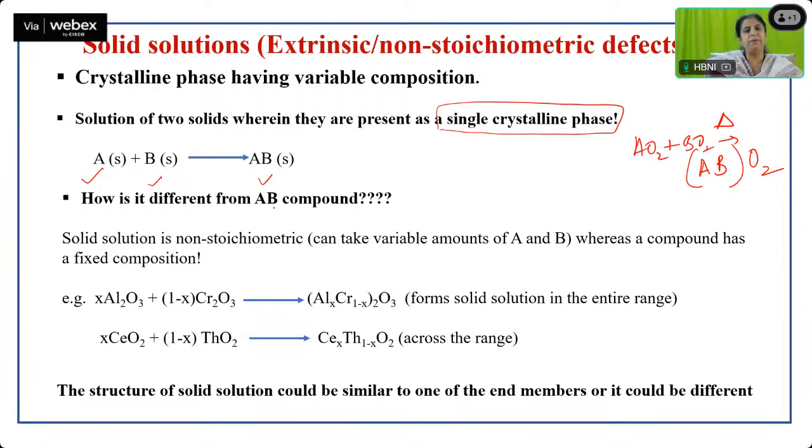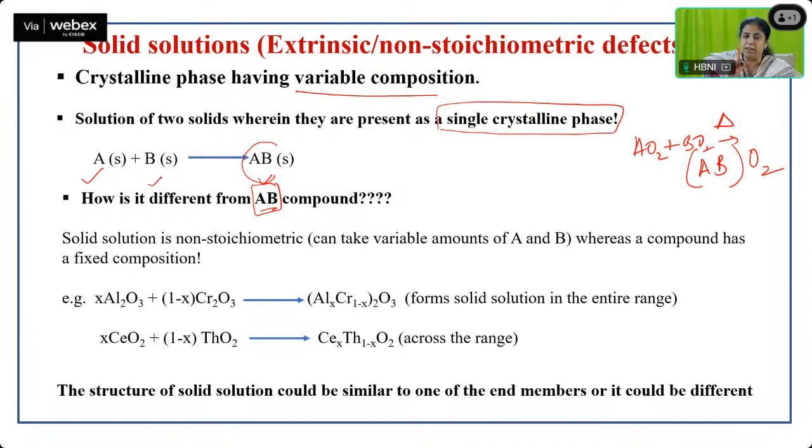Now, how is it different from an AB compound? Your AB compound can have only 1:1 composition, A and B in a 1:1 ratio. But when A and B can mix to form solid solutions, then A and B can combine in various proportions. That is, your AB can have variable composition.